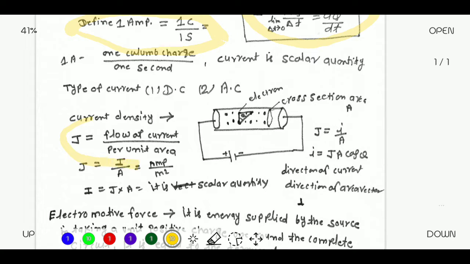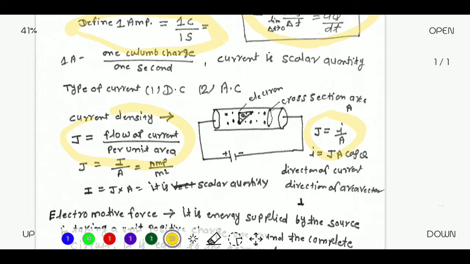This is the basic formula of current density, J equal to I upon A. It is called current density. Suppose the electrons are flowing in this conductor, with A the cross-section area. So J is equal to I upon A.